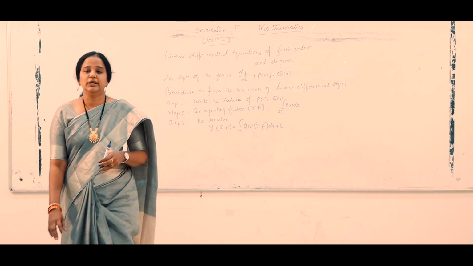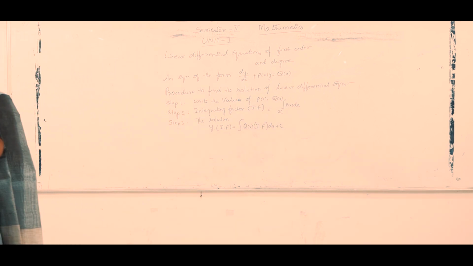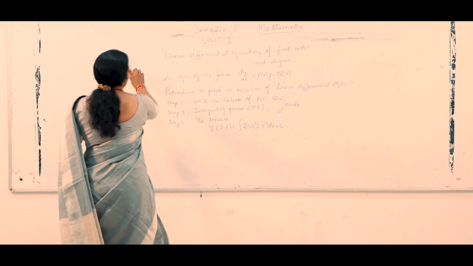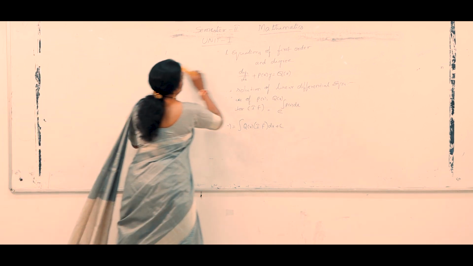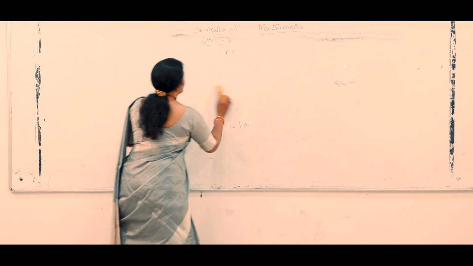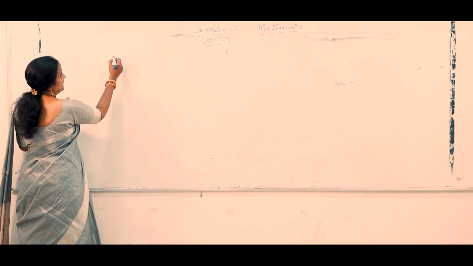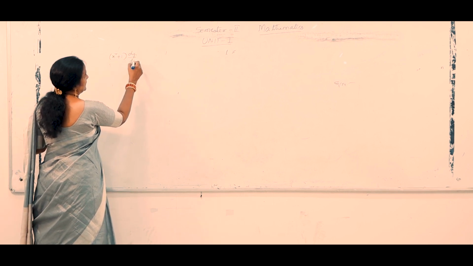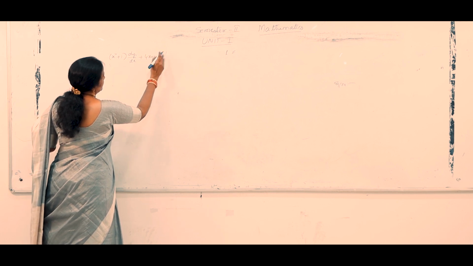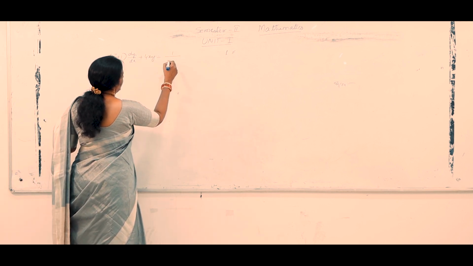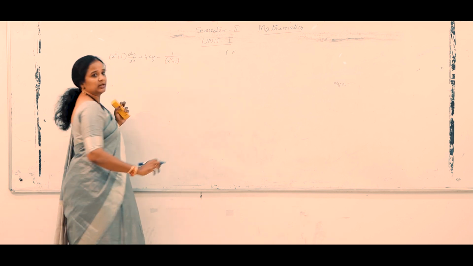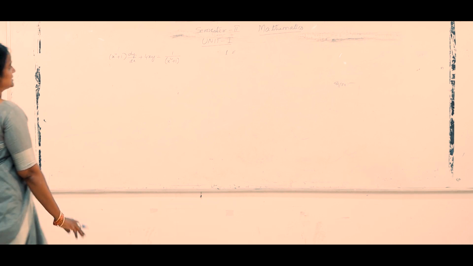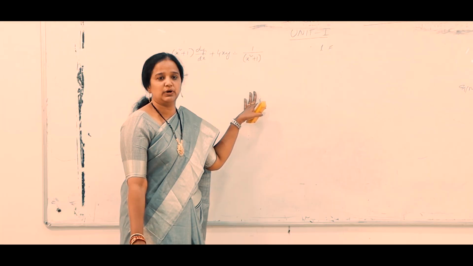Okay? Now I am going to tell one problem from this topic. First problem: x square plus 1 into dy by dx plus 4xy is equal to 1 by x square plus 1.